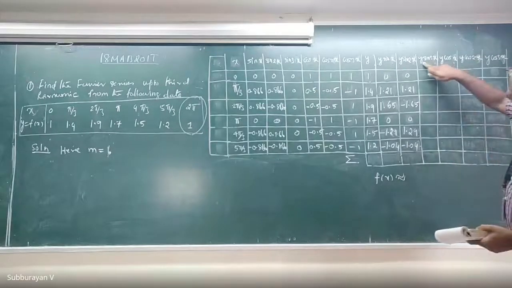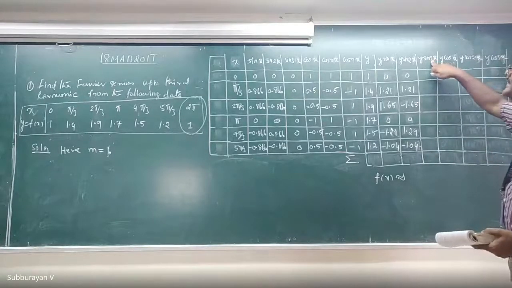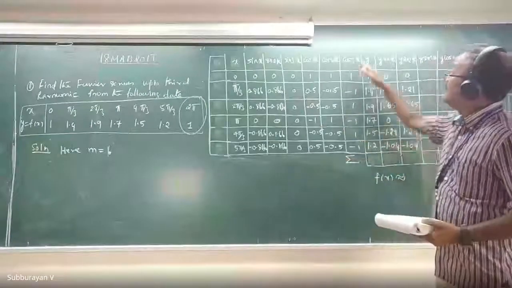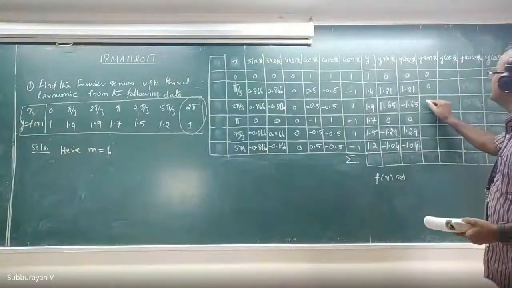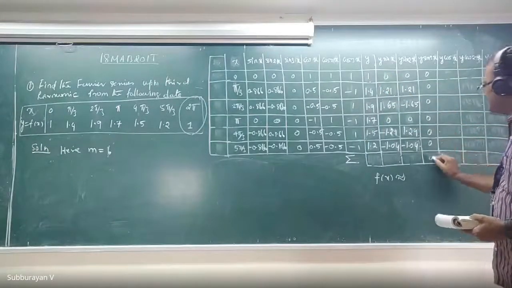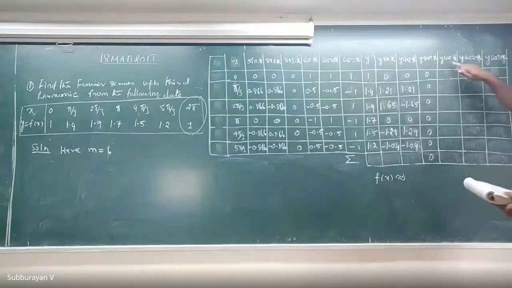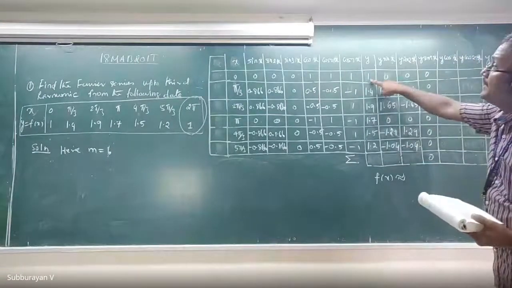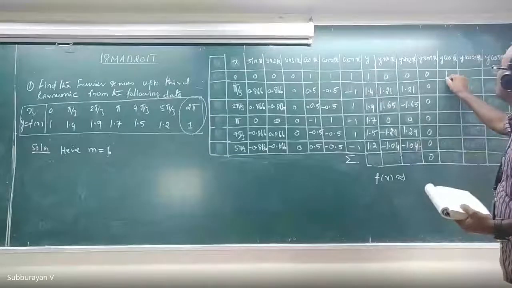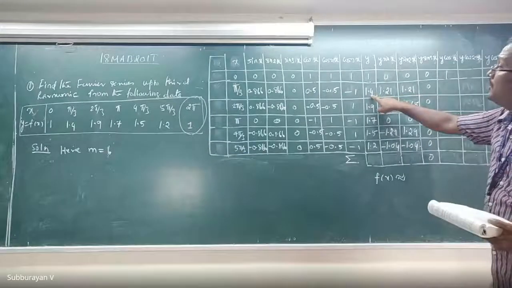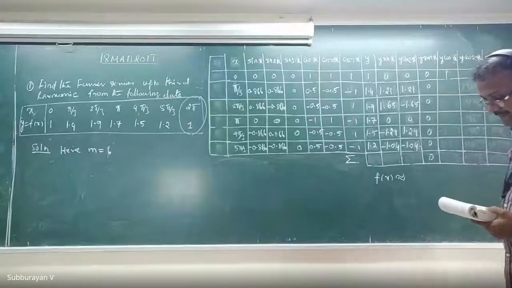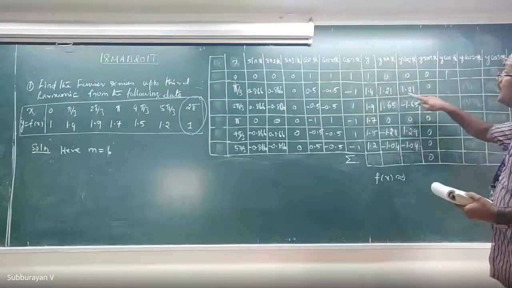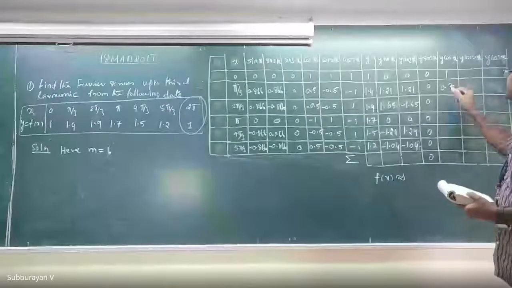Now come to the y sine 3x column. Sine 3x is always 0, so this becomes 0, 0, 0, 0, 0 and 0. Now come to y cos x. Y is 1 and cos x is 1, so 1 into 1 is 1. Y is 1.4 and cos x is 0.5, so this is 0.7.